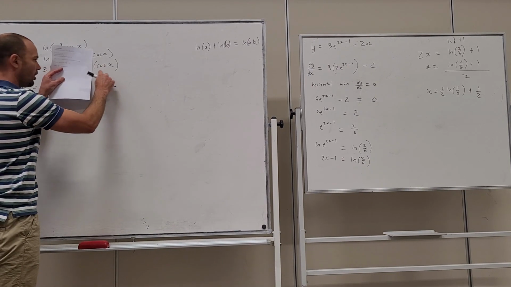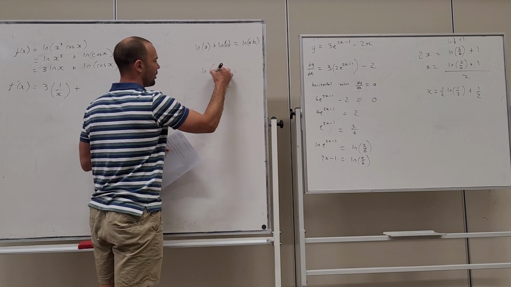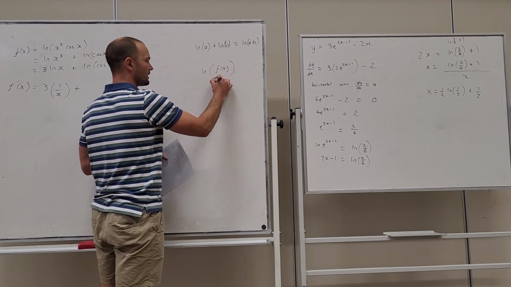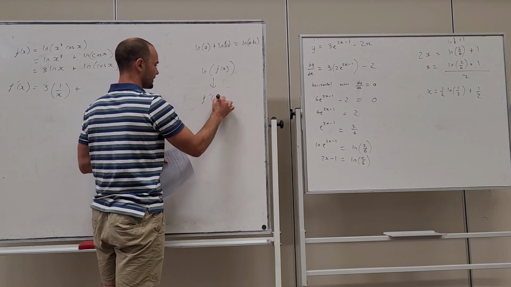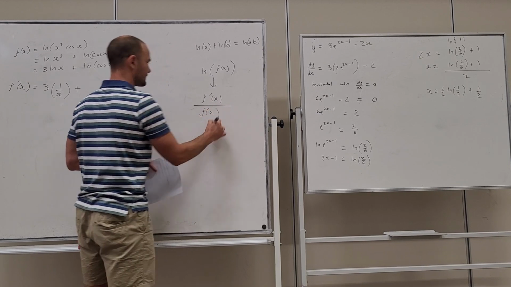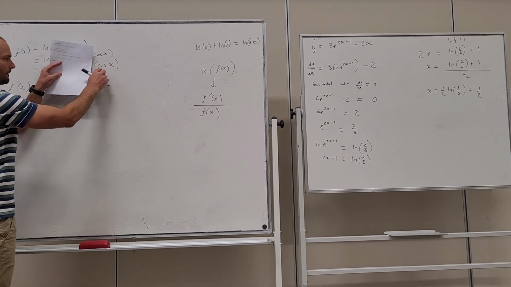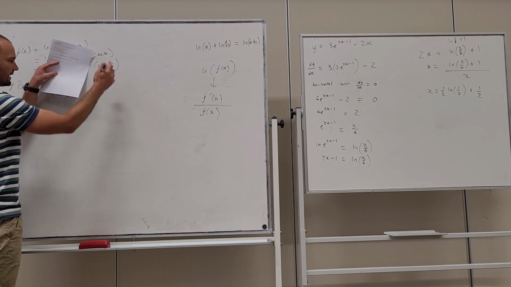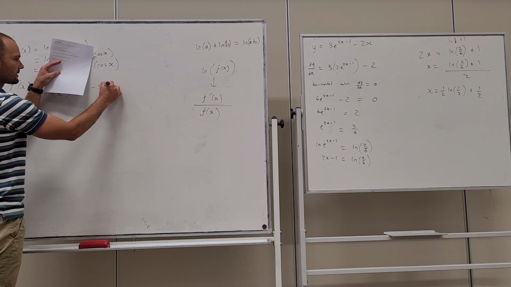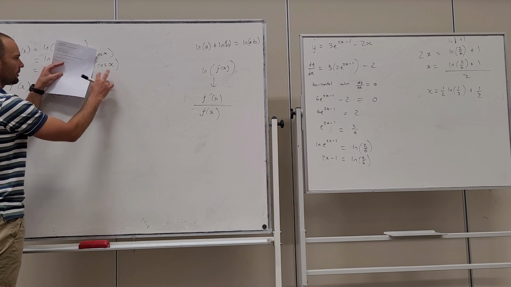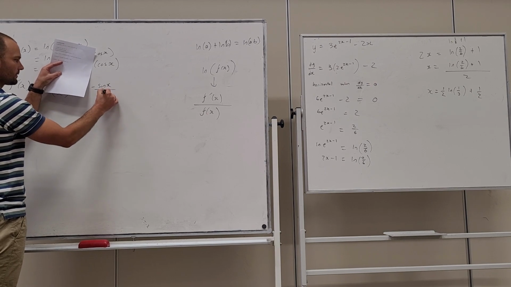It's ln of cos of x. It's ln of a function. And so the derivative is f dash of x on top of f of x. So ln of a function, the derivative of cos x is negative sine x on top of the function cos of x.